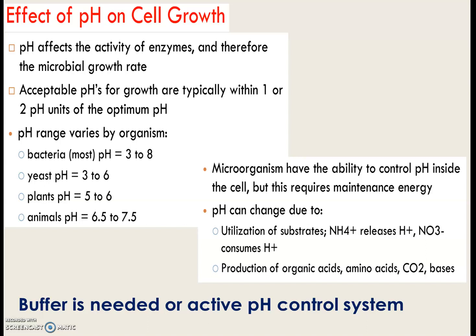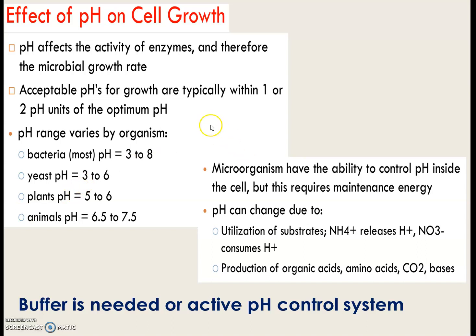pH can change due to utilization of substrate, based on the NH4 release of H ions, NO3 consumption of hydrogen, and also the production of any organic acids, amino acids, carbon dioxide, or bases.